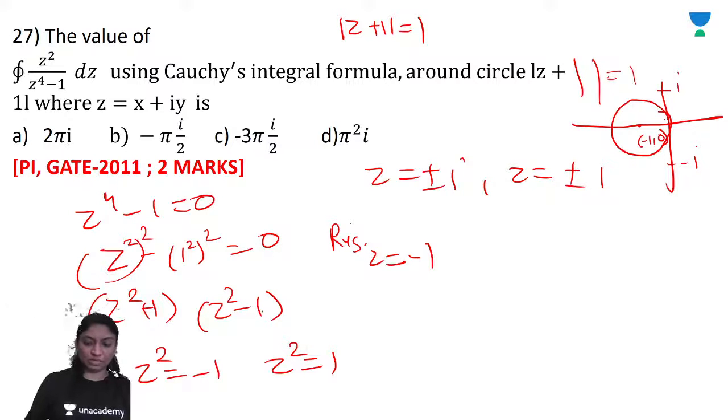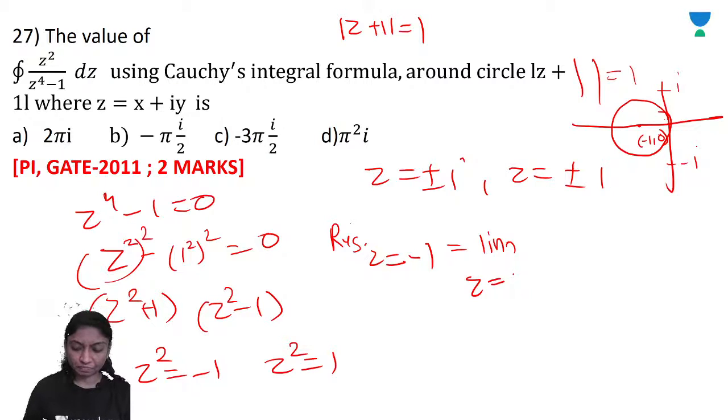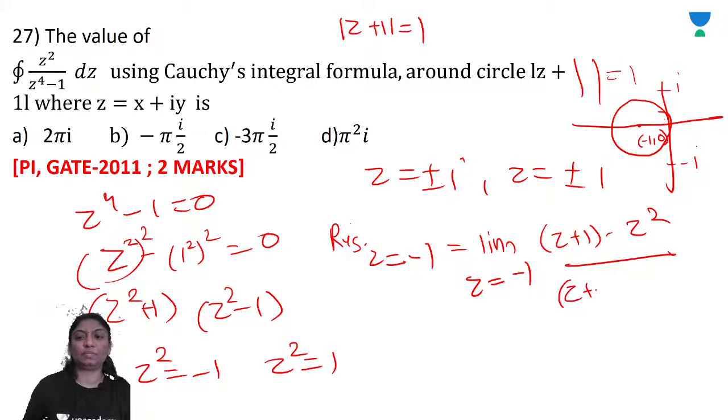Now z is equal to minus 1 lies inside the curve C. So residue at z is equal to minus 1 is the limit as z tends to minus 1 of (z plus 1) into f of z, z square upon (z plus 1)(z minus 1)(z plus i)(z minus i). Right? z plus 1 cancels.